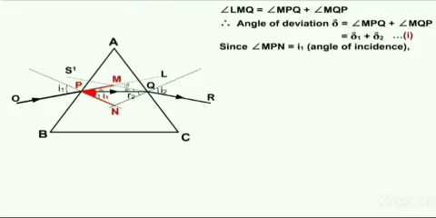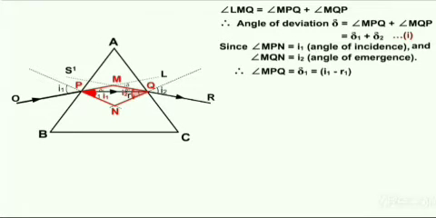Since angle MPN is equal to I1, angle of incidence, and angle MQN is equal to I2, angle of emergence, therefore angle MPQ, delta 1, is equal to I1 minus R1, and angle MQP, delta 2, is equal to I2 minus R2.